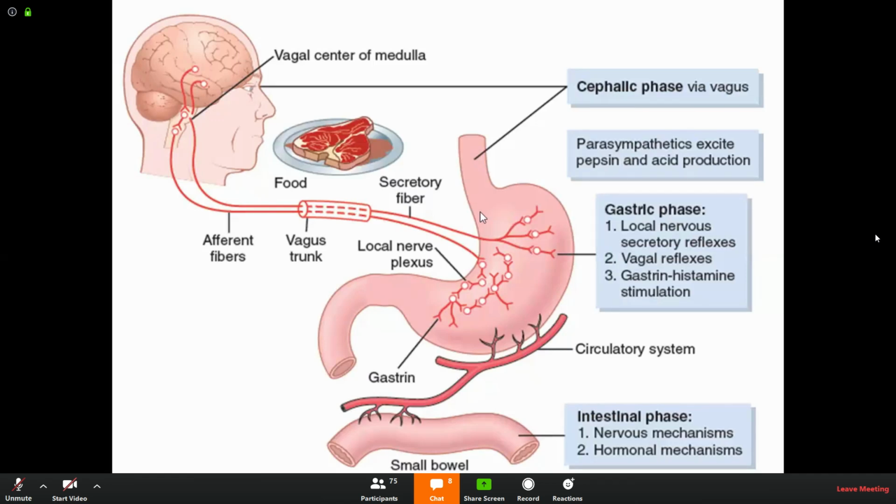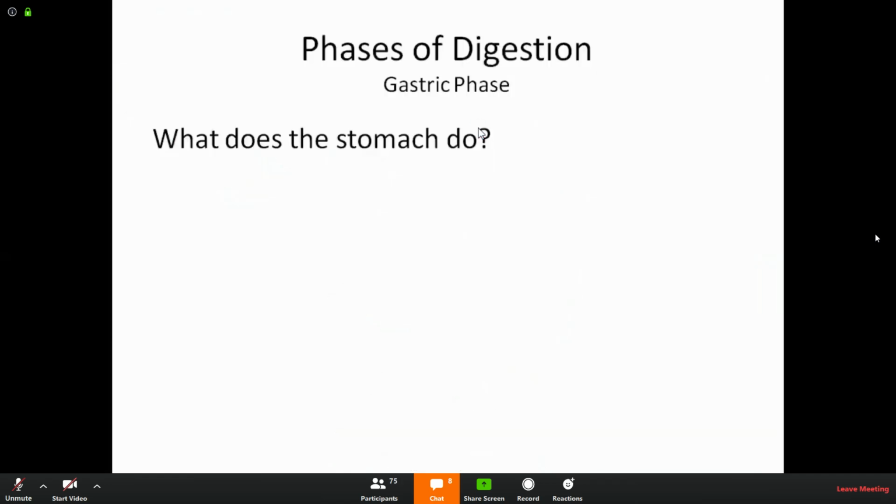During the gastric phase, due to mechanical irritation of the food, the chemicals present in the food, vagal reflexes, and hormones, there is secretion in the stomach. And in the intestinal phase, due to nervous and hormonal mechanisms, the gastric juice is secreted or inhibited.